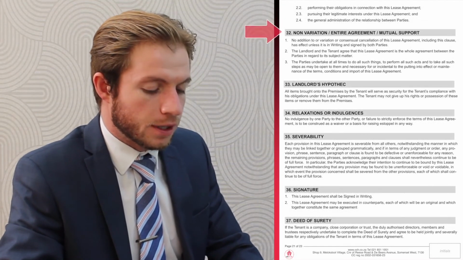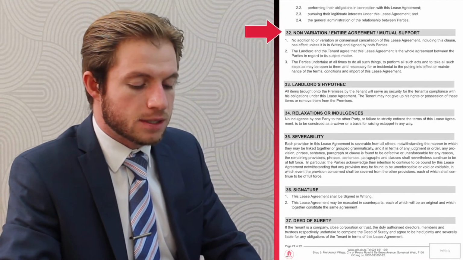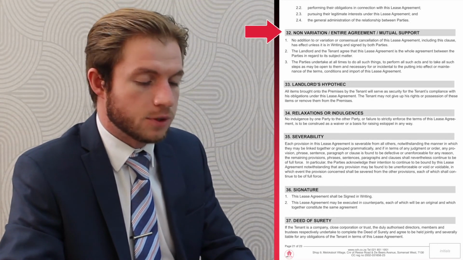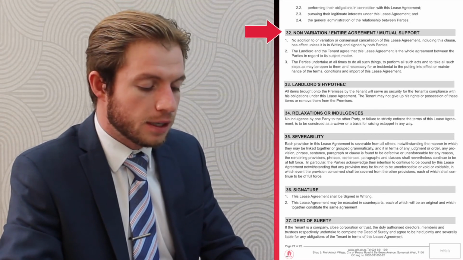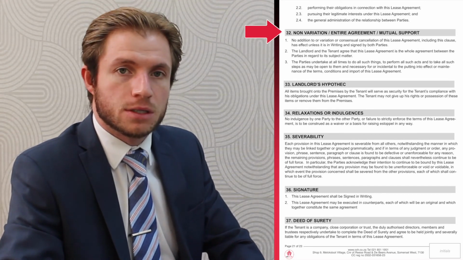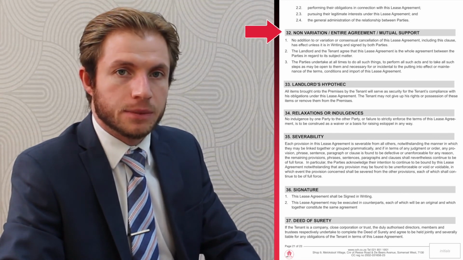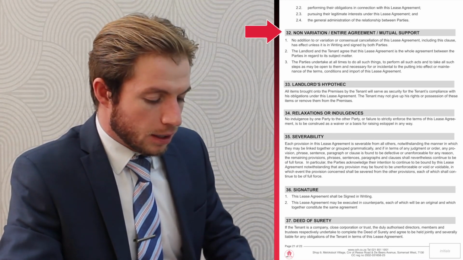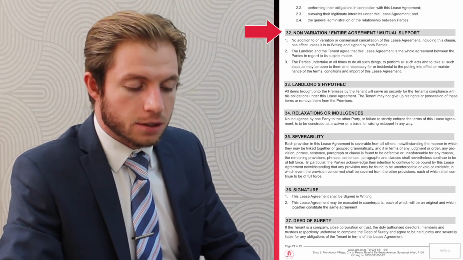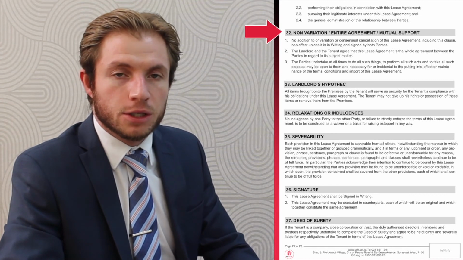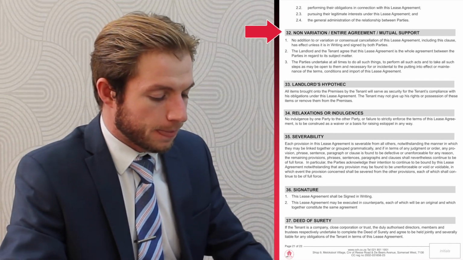Clause 32, non-variations. This also just states that this lease agreement is the final lease agreement once signed between the parties. All agreements, terms and conditions that the parties agree to need to be contained in this lease agreement. And the terms and conditions hereof can only be amended if the parties mutually agree to it and put it in writing.